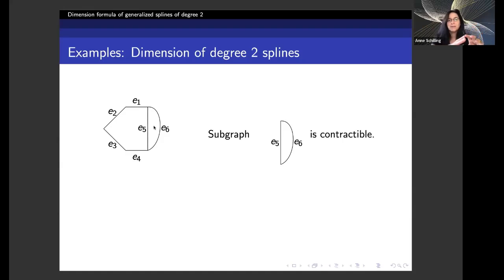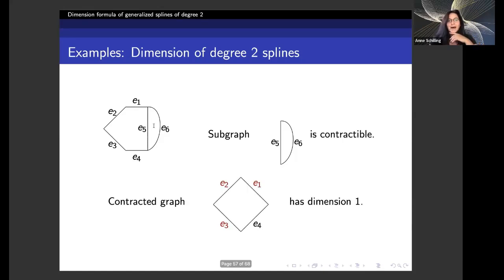Therefore this subset, this face, is contractible by itself. If I contract that, this just means I contract this whole subgraph, so that becomes one vertex. And so the edges 5 and 6 disappear, and I end up with this particular graph.